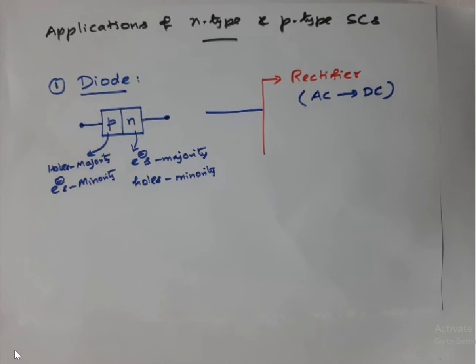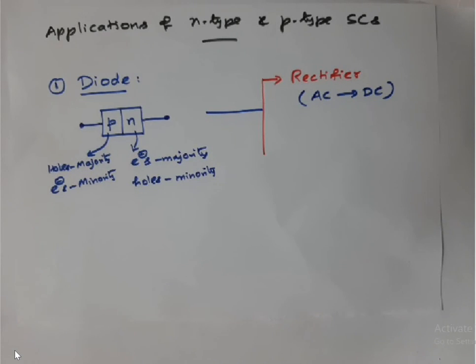You know very well, in our home, from the plug point we get AC current, but most of our instruments, say our laptop or any TV, LED TV or LCD TV, whatever it is, require DC current.